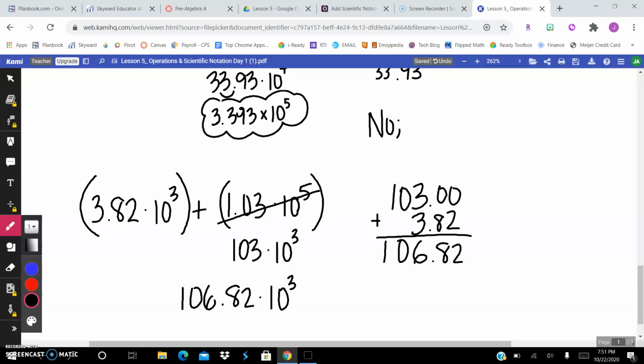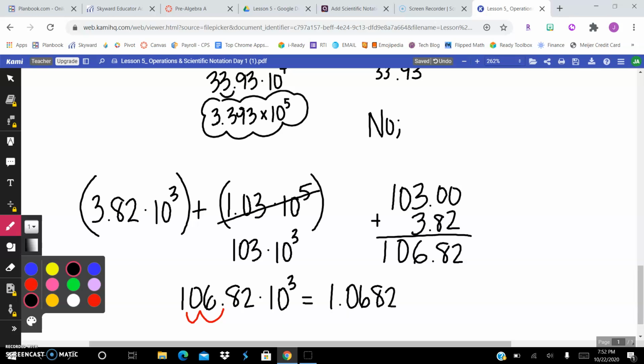And that's not in scientific notation because 106 is definitely not between 1 and 10. So I'm going to have to take that decimal and slide it back 2 more. So that means I'm going to add 2 more spaces onto my exponent. And I will have 1.0682 times 10 to the fifth now because I had to slide that over 2 spots. So I have to add those on to my exponent.